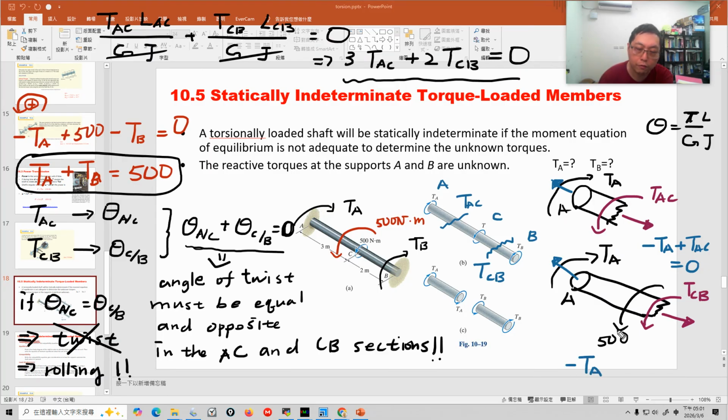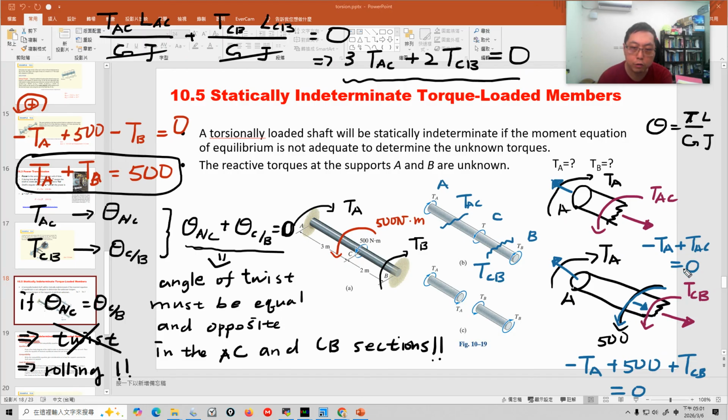And what's the sign for the 500? The 500 rotates in this direction. Using the right-hand rule, the thumb direction is here, and it points outward to the surface. So the 500 sign is positive, and then plus TCB is equal to 0.